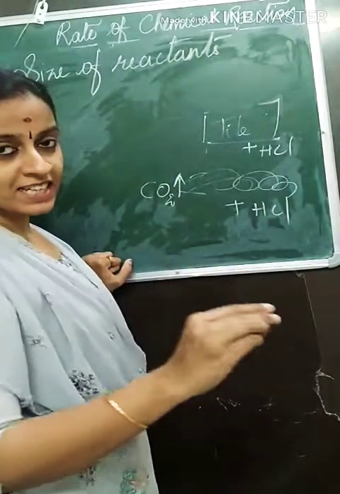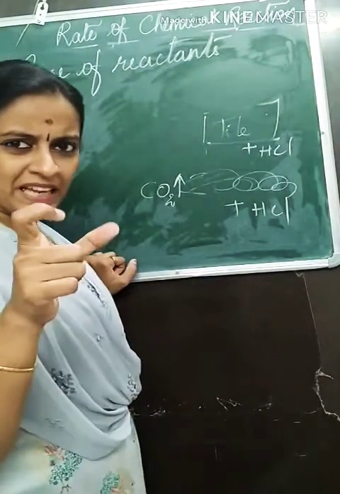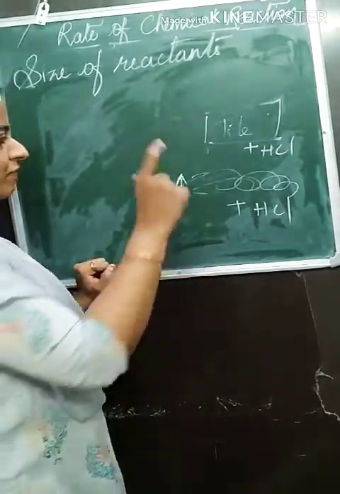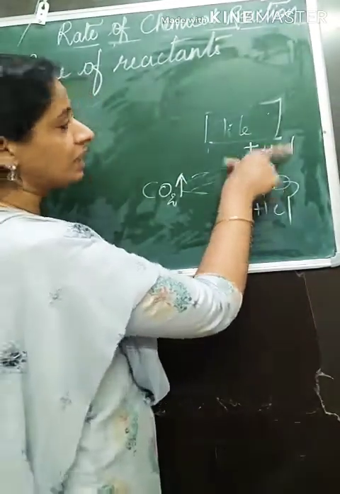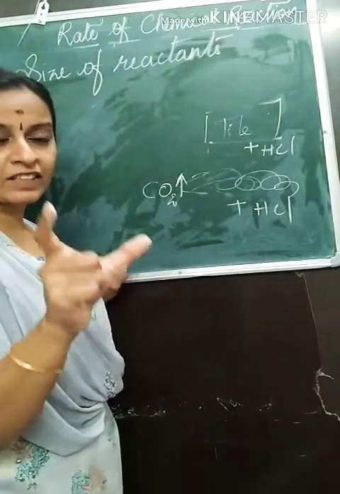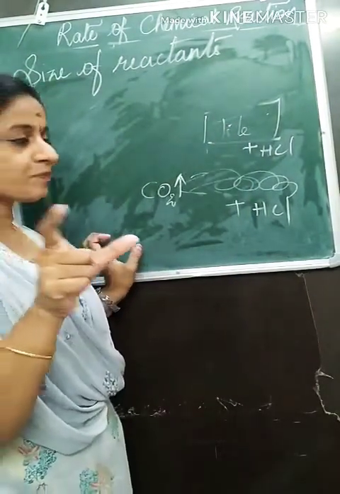Carbon dioxide gas, that is the effervescence, bubbling, will be seen faster with powder than the piece of tile or the bigger particles.